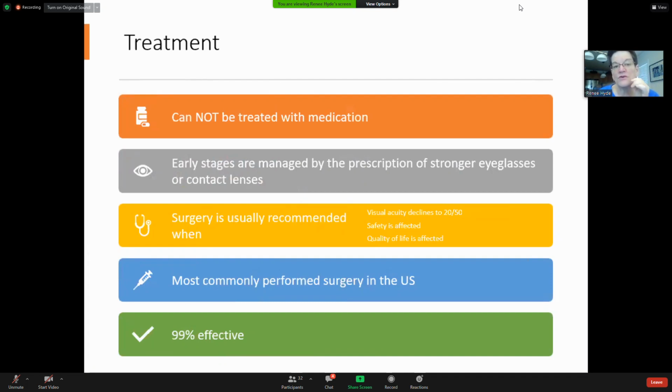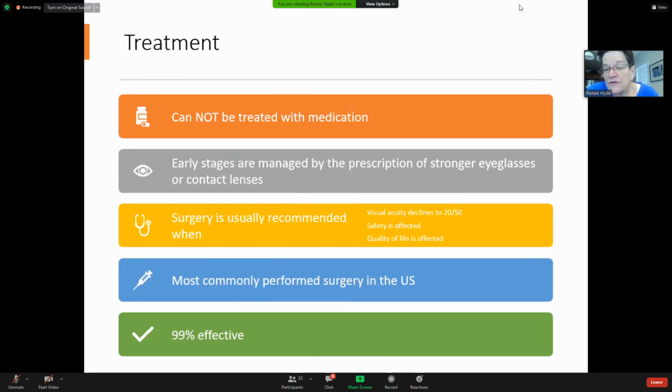But usually surgery is recommended when one of these three things occur. Visual acuity declines to 20/50. That patient's safety is affected, or their quality of life is affected.